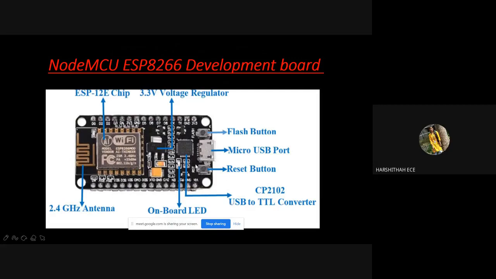And one more thing I want to say: you can see an LED here, the onboard LED. This is your default LED. This one here is my pointer. The LED at D0 will glow when you are uploading any code. When there is some communication between your board and any devices, you'll see this LED blinking continuously in a random manner.